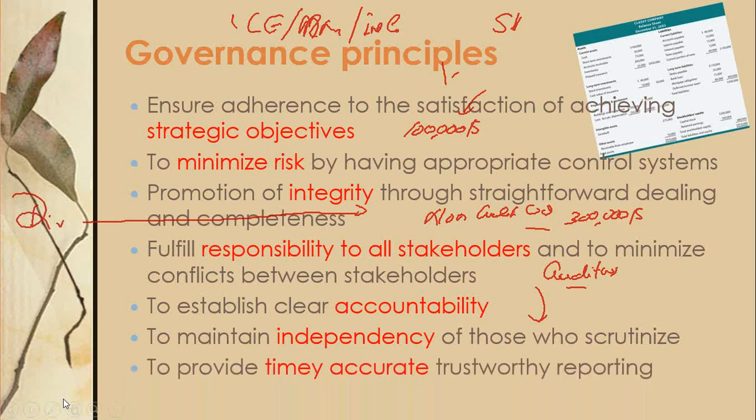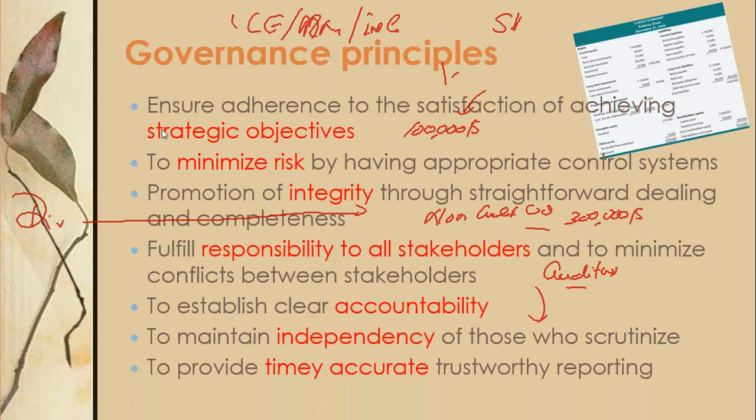Corporate governance also ensures timely, accurate, trustworthy reporting. This is where Enron failed. Trustworthy reporting is certified by the auditor, and the auditors were not trustworthy. So to whom can people go? People lost confidence in the companies, and that is why corporate governance became a very big issue.